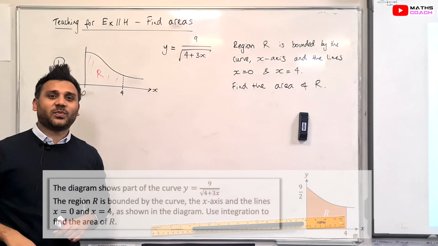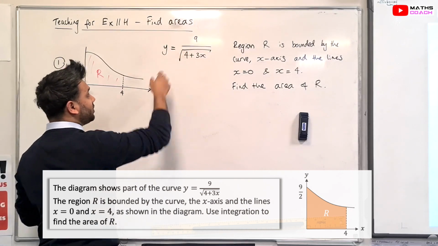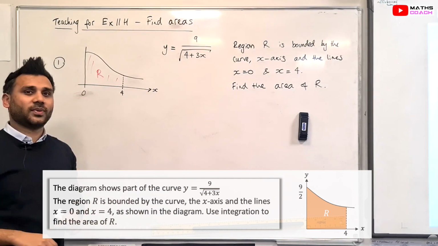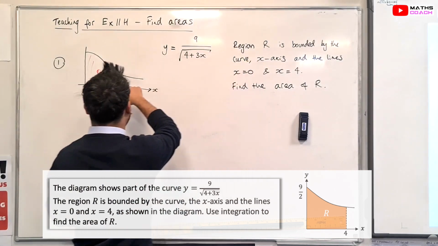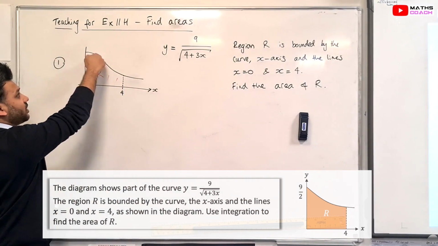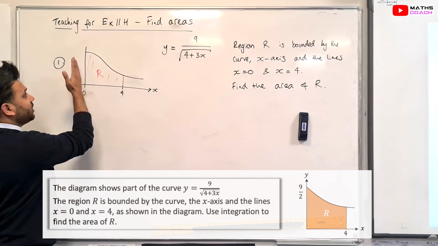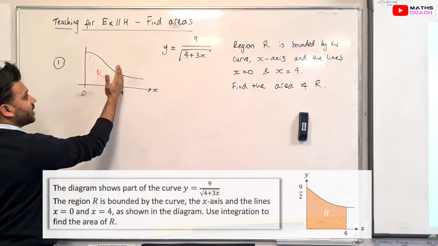In the first example, we have a curve given by the equation y equals 9 over the root of 4 plus 3x. The diagram describes a region R, which is bounded by the curve, the x-axis, and the lines x equals 0 and x equals 4.